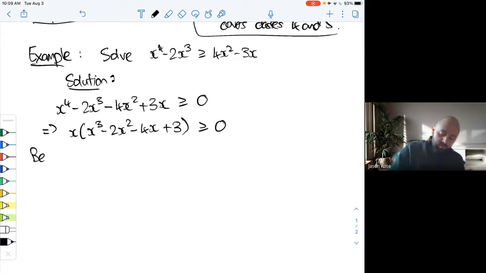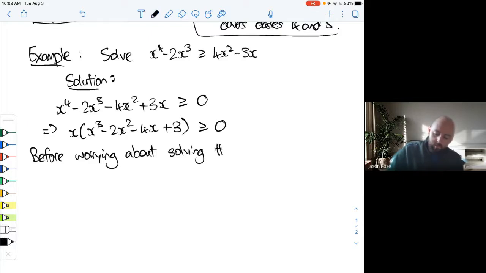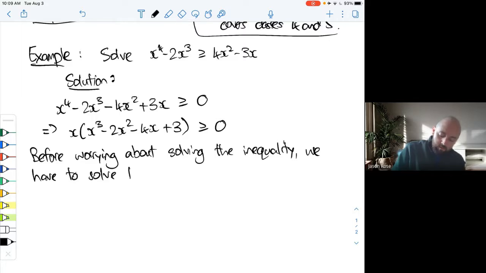So I'll just remind you that before worrying about solving the inequality, we have to solve the associated equation.